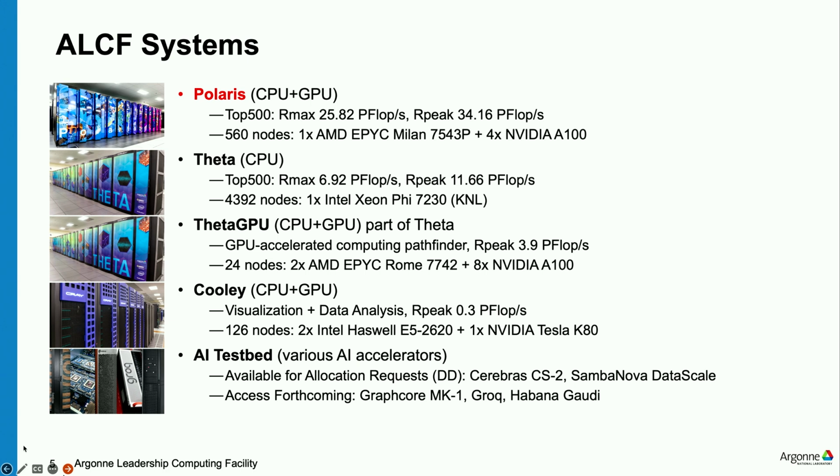When you submit a PBS job, you can specify whether it runs on Theta GPU or KNL. It has 24 nodes. Each node has 2 CPUs and also 8 NVIDIA A100 GPUs. That was the machine where we learned how to work with NVIDIA, and Polaris was the next machine.